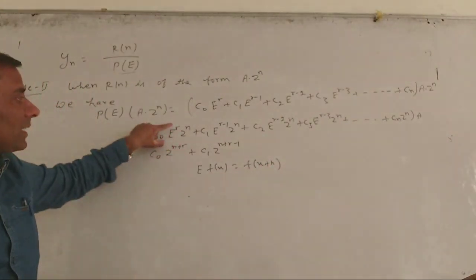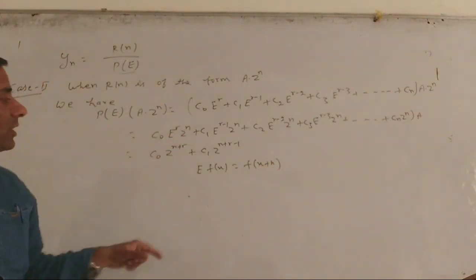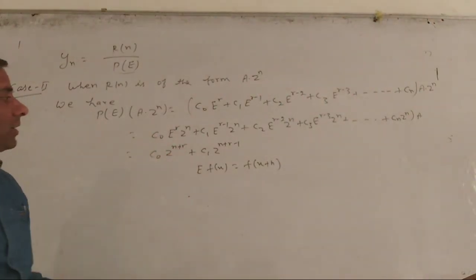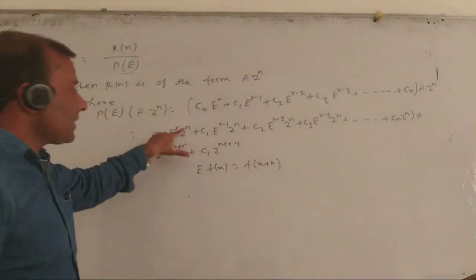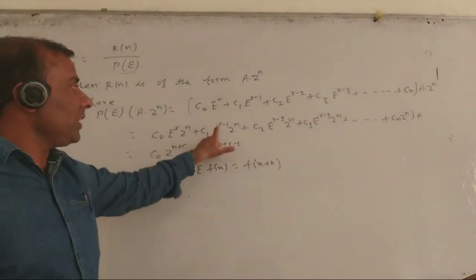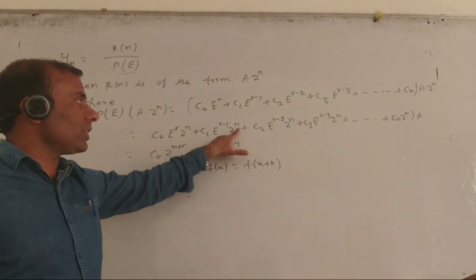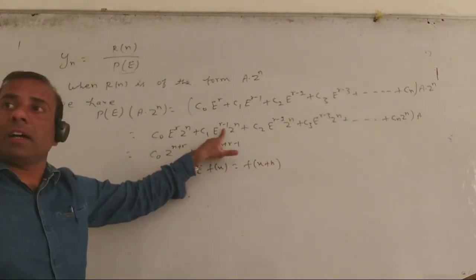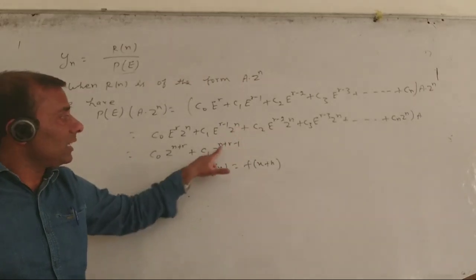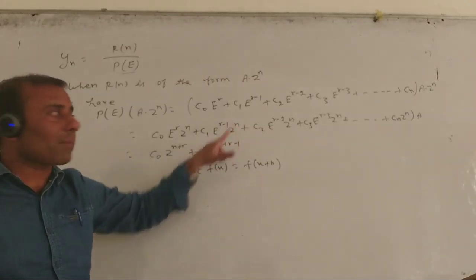So here E^r into Z^n becomes Z^(n+r) because r is an increment. So E^(r-1) into Z^n becomes Z^(n+r-1), meaning we just give an r-1 increment in n.